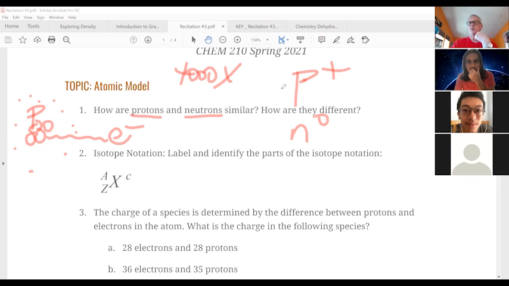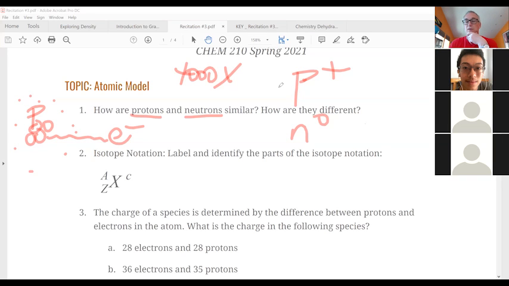What does the number of protons give us? Other than, of course, the identity of the element. The charge. It gives us the charge of the nucleus, yes, but I'm sort of looking for something else. There's a certain number associated with the number of protons.